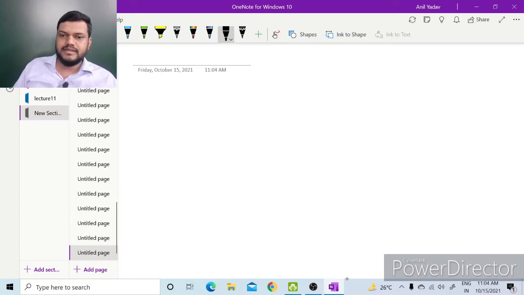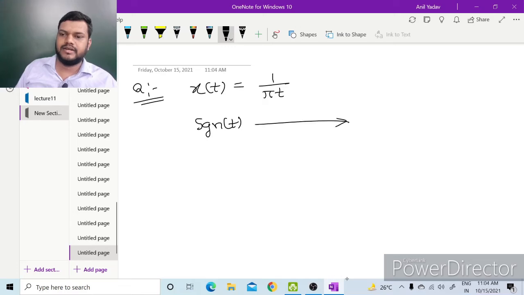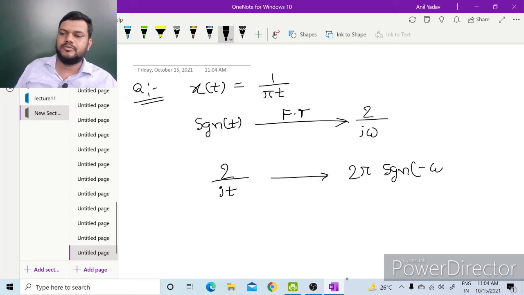So now let us take another question based on this property. Let us say x(t) is 1 upon pi t. So we know that signum t has Fourier transform 2 by j omega. So by using duality property we can write 2 by jt will have Fourier transform 2 pi signum of minus omega.